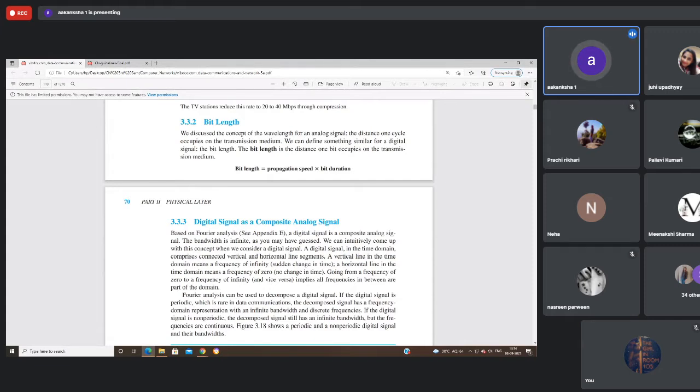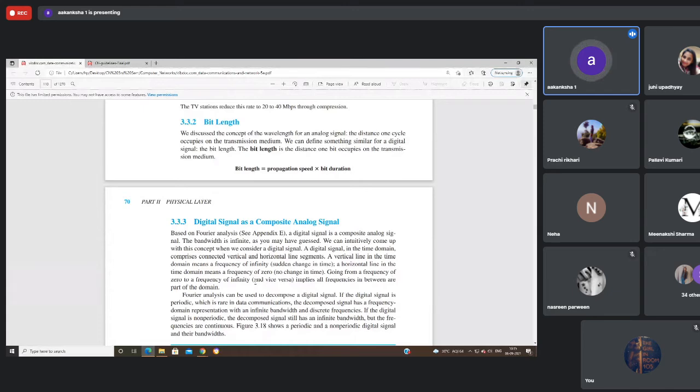The time required to complete one cycle is known as the period, and the distance of one cycle is the wavelength. But in the case of non-periodic digital signals, we consider bit length. It is the distance one bit occupies on the transmission medium.